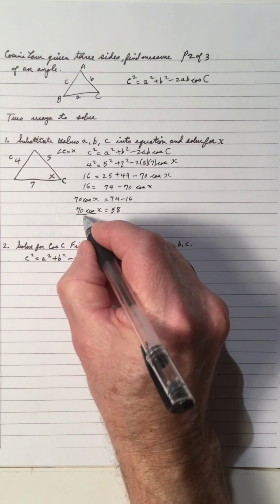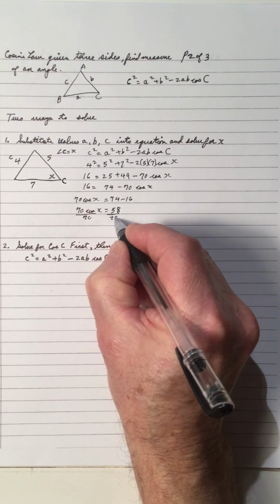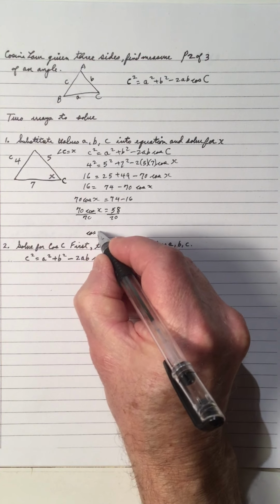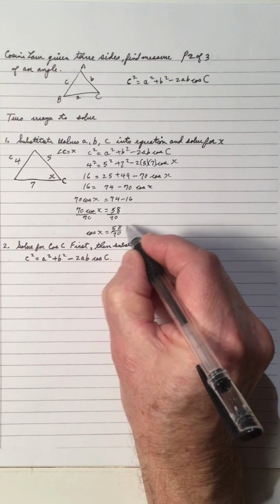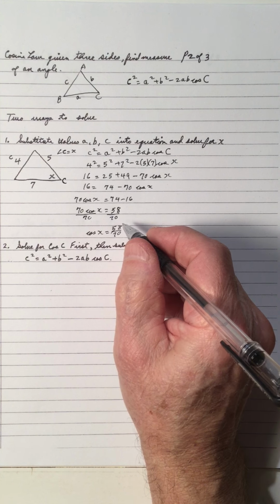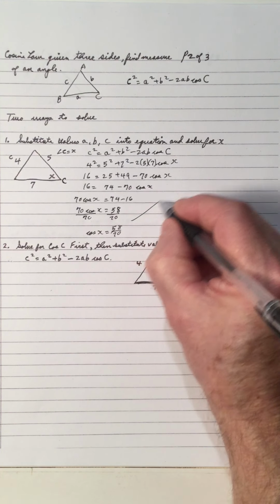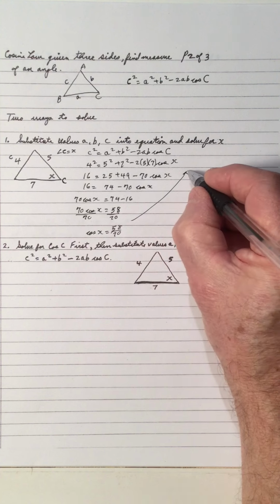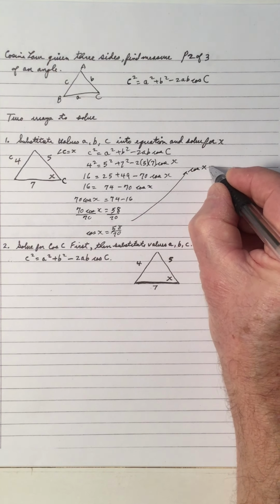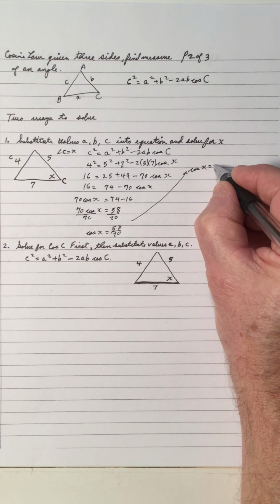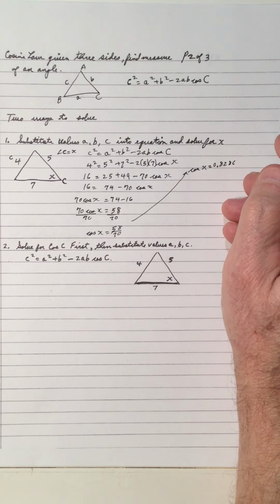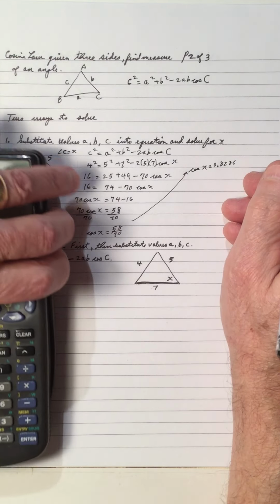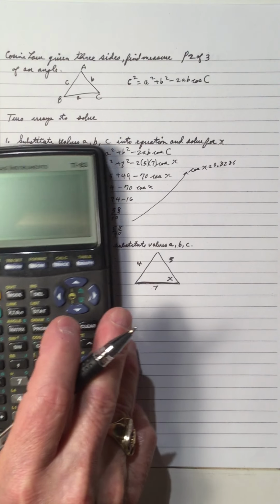And that means divide by 70. That means that cosine x is equal to 58 over 70. Now if you wish, you can leave it as that, or you can change it to a decimal. It doesn't make any difference, and the decimal is 0.8286. Now, we have to use our calculator to work this out.